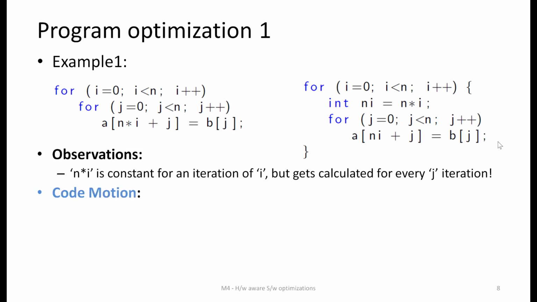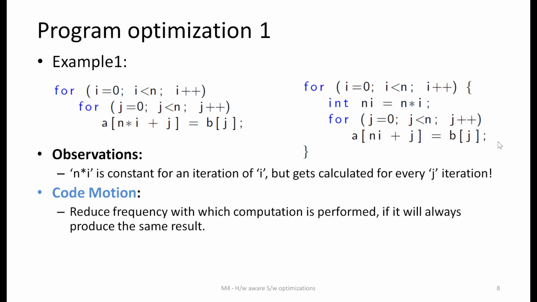So this is called code motion, wherein we reduce the frequency of those computations which will not change across multiple iterations or function calls. This is quite straightforward for us programmers, but it's not so simple for the compiler. It will not be able to detect such a simple optimization.